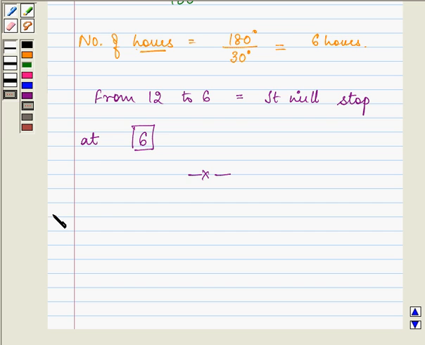Proceeding on to the second part. Now, here it starts at 2 and makes half of a revolution clockwise again.